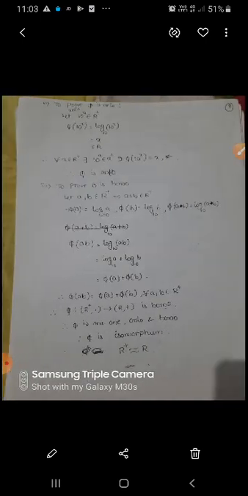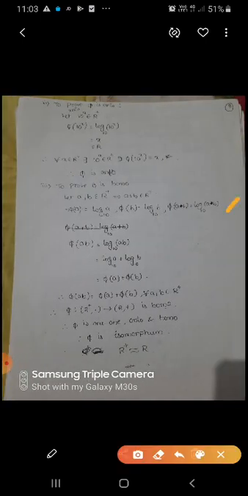So we take phi of AB equals log AB base 10, which equals log A base 10 plus log B base 10, that equals phi of A plus phi of B. Therefore phi of AB equals phi of A plus phi of B for all A, B belongs to R plus. Therefore phi is a homomorphism. Therefore phi is 1-1, onto and a homomorphism, so phi is an isomorphism.